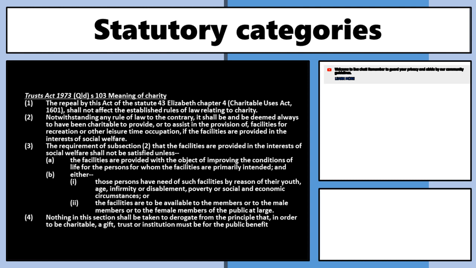So, there's always been charitable purposes to assist in the provision of facilities for recreation and other leisure time occupation if the facilities are provided in the interest of social welfare. All right, and you can actually limit them by gender. So under this particular category, they do let you do that, but it still has the public benefit test.